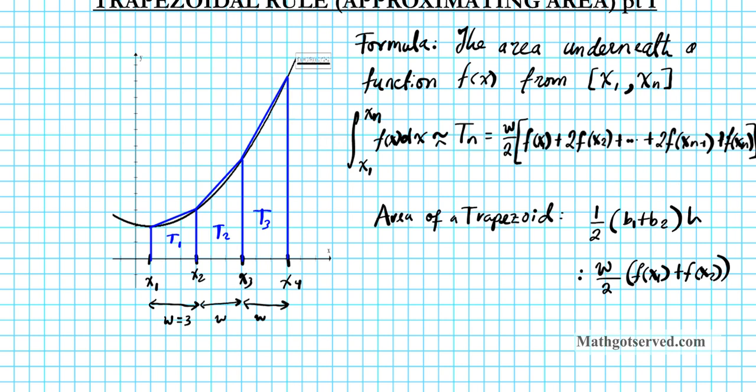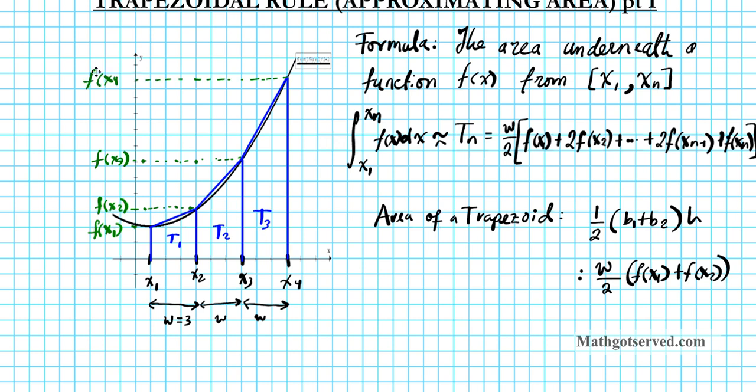Let me indicate where f of x1 is. If you trace this to your y, this will be f of x1, and if you trace this point right here, somewhere around here will be f of x2, and then if you trace that point out, it's not perfectly straight, somewhere around there will be f of x3, and then the highest point up here, trace it out, that will be f of x4.